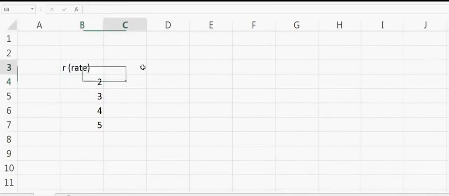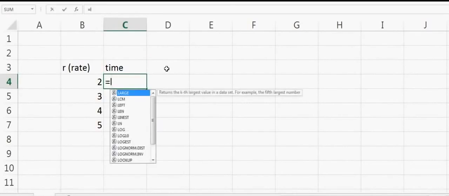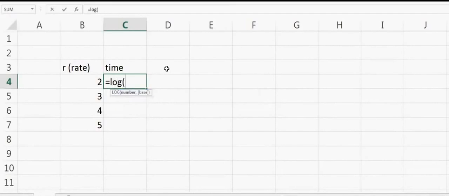And then we have time. Time should be equal to, as we calculated before, log of 2 divided by log of 1 plus R divided by 100, because this is in percentage.